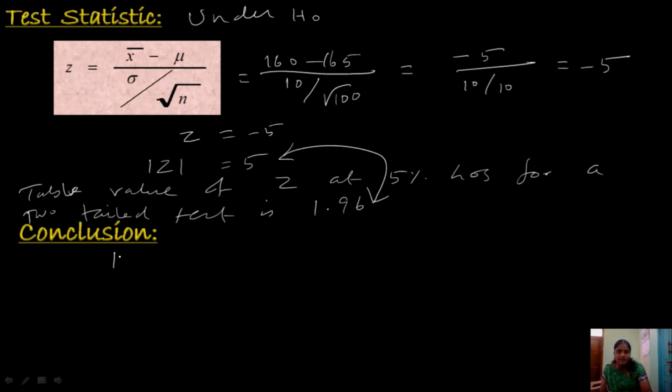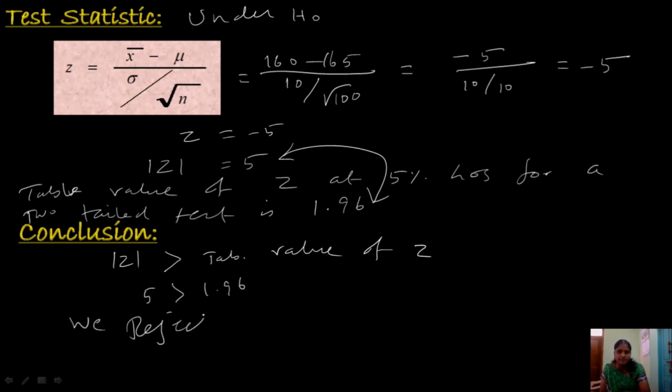The calculated value of absolute Z is strictly greater than our table value of Z. That is, 5 is strictly greater than 1.96, isn't it? So we reject the null hypothesis H naught. Or alternatively, we have to say we have to accept the alternative hypothesis H1.